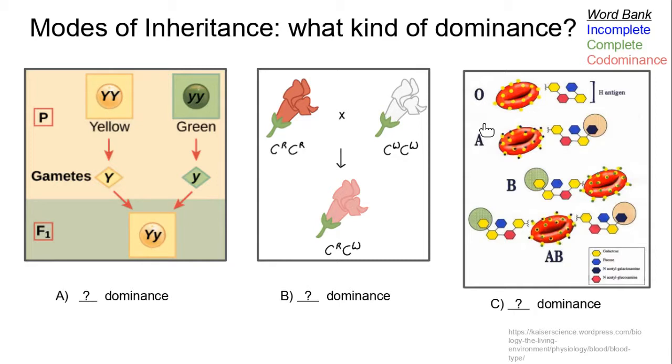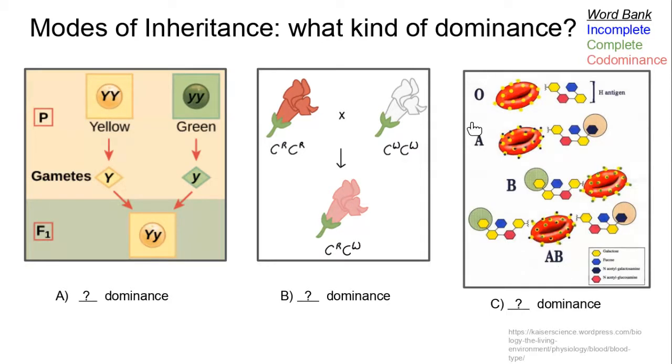But when we think of blood types, mostly people are focusing on the A and B and the fact that you can have AB. So the blood type O is the tricky one. When you were talking about an allele that encodes the antigen A and an allele that encodes the antigen B, that's codominance.